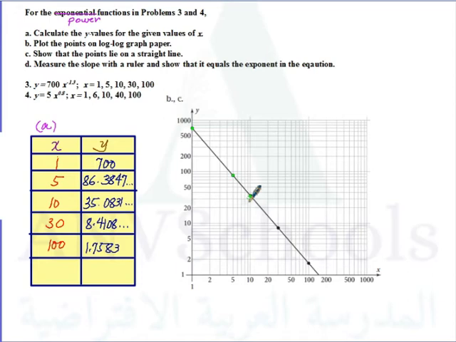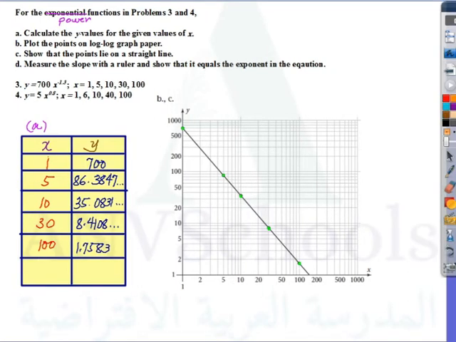Next we have 38.4108. So it's here. And then the last one is 101.7583, approximately, something like that. And I could now draw a line connecting all of the points there. So that would give me actually a straight line running through all of the points.